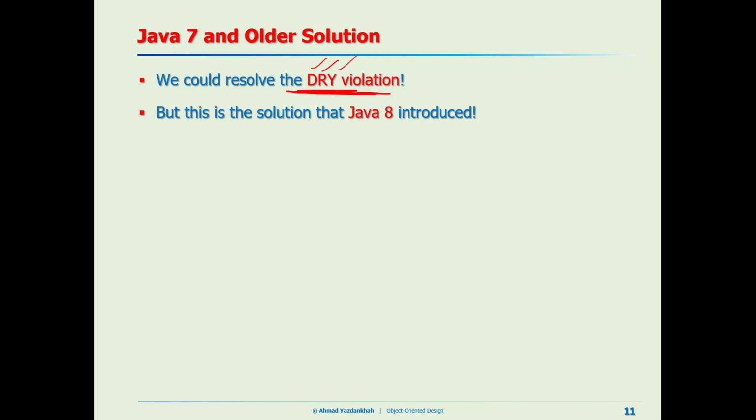All right. Okay. So the question could be this. This is the Java 8 way of solution. In Java 8, we have interfaces that can have implemented methods. Before that, we couldn't do that, right?